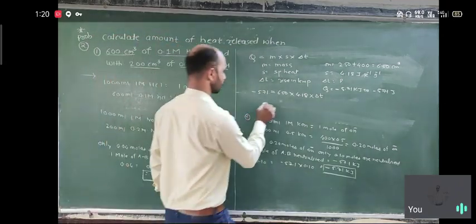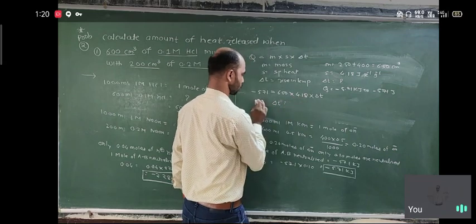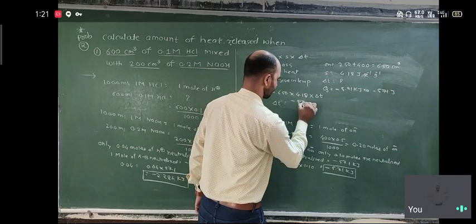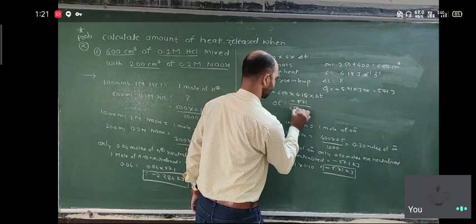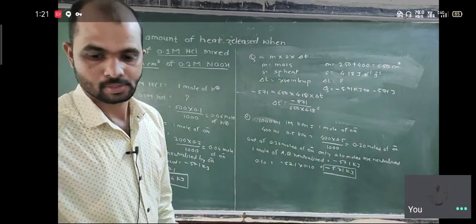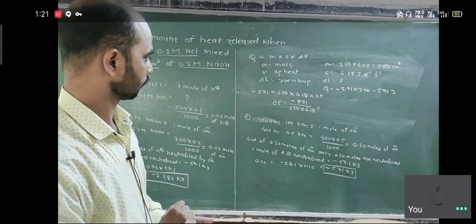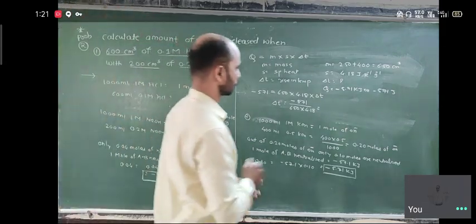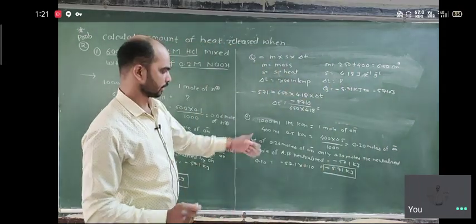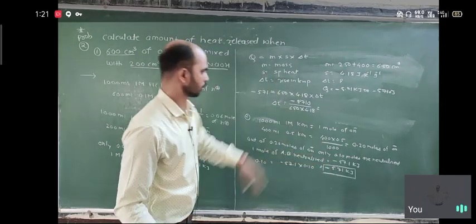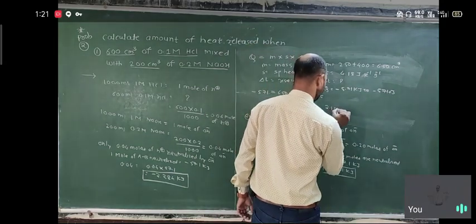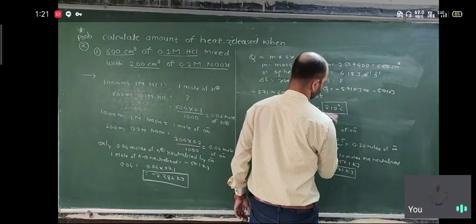So delta T is equal to minus 5710 upon 650 into 4.18, when we convert kilojoule into joule. So the answer is 2.10 degrees Celsius. 2.10 degrees Celsius is the change in temperature.